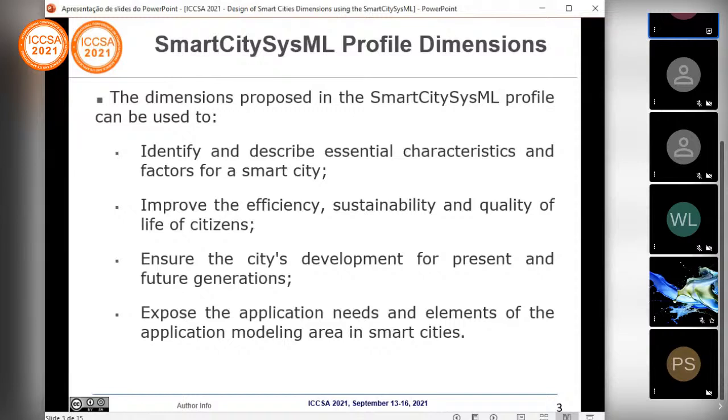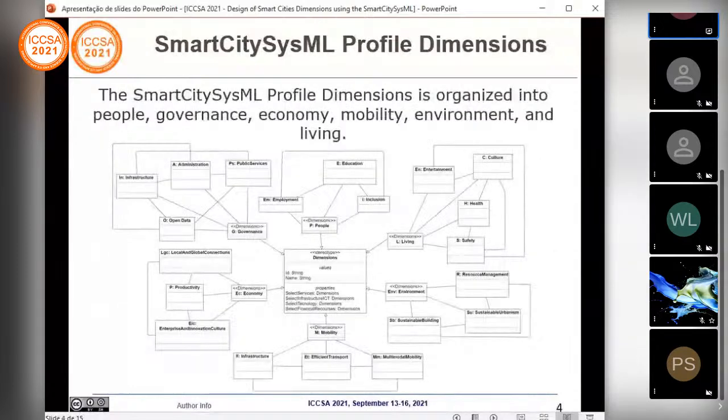The dimensions proposed in Smart Cities ML profile can be used to identify and describe essential characteristics and factors for a smart city, improve the efficiency, sustainability, and quality of life of citizens, ensure the city's development for present and future generations, and expose the application needs and elements of the application model area in smart cities.